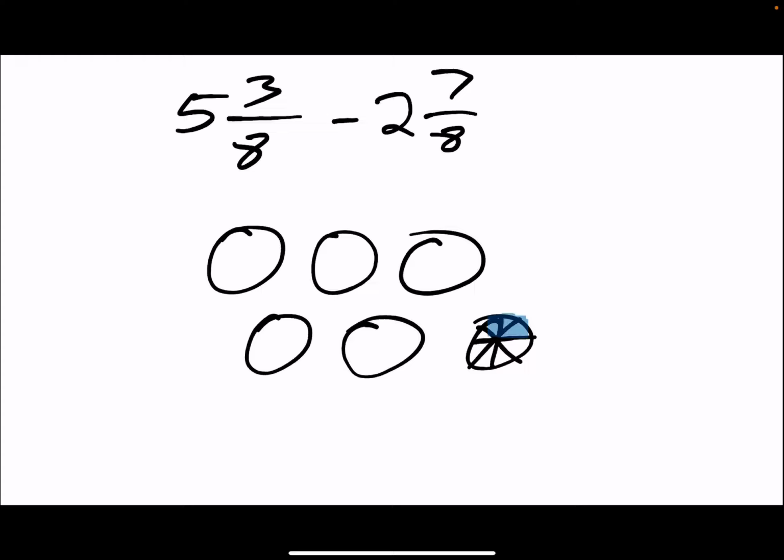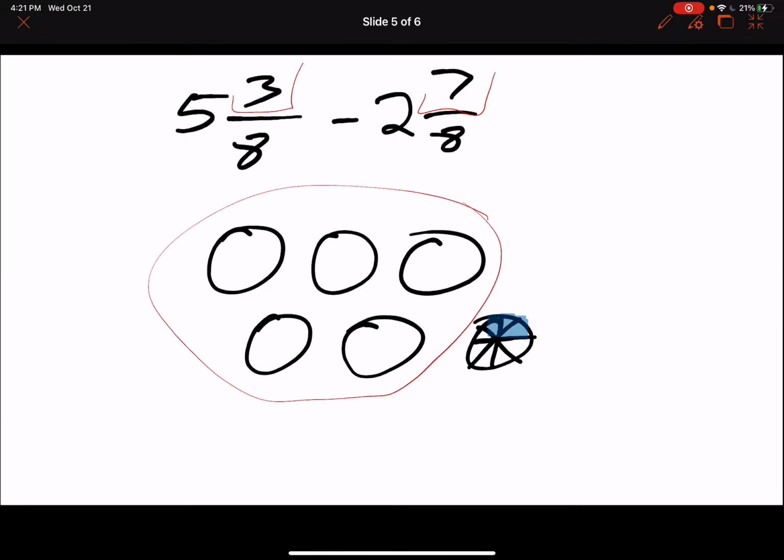So now, again, what happens when this numerator on this side, on the one being taken away, is bigger than this numerator? All right, so let's visualize this again. I have my 5 wholes here, right? Okay. Oops. I have my 5 wholes here. I'm just going to erase this line again. Okay.